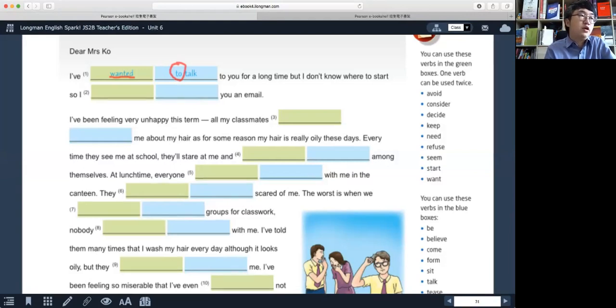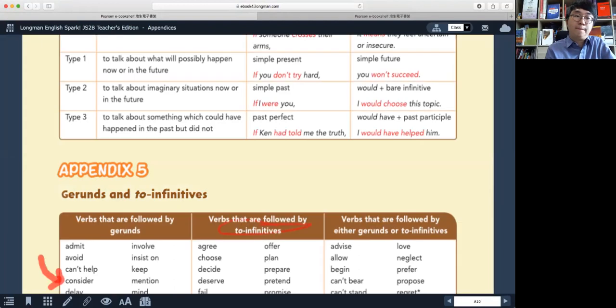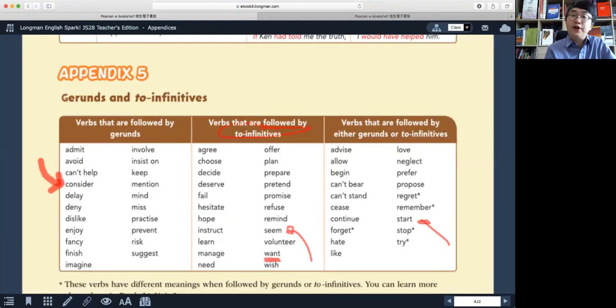Second question here. Let me give you a hint. We have to use decided here. So after decide, should we use a gerund or to infinitive? Look at this table. Where can you find decide? Here, right? Decide is here.